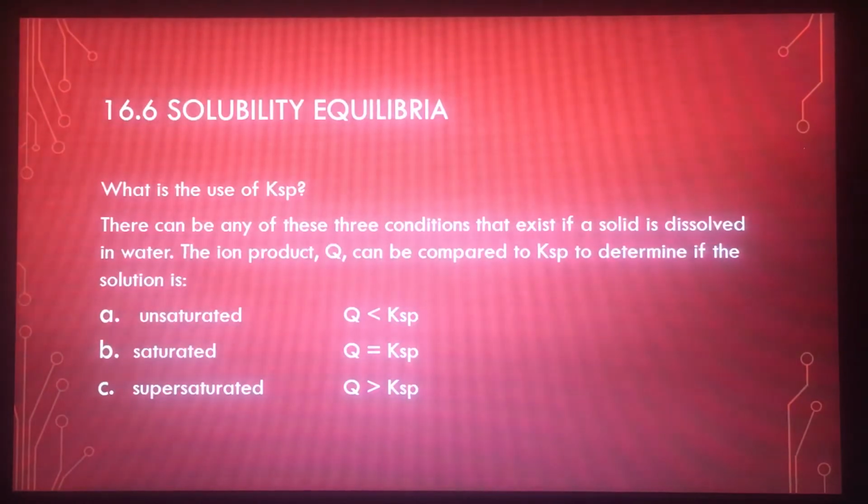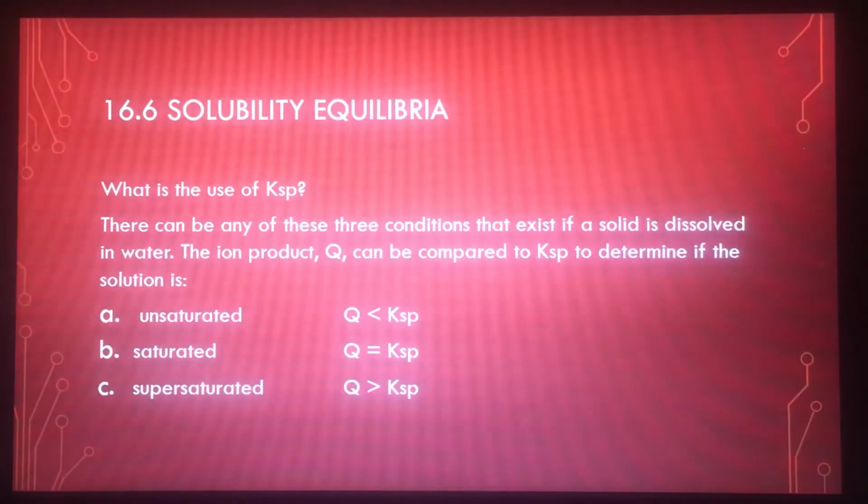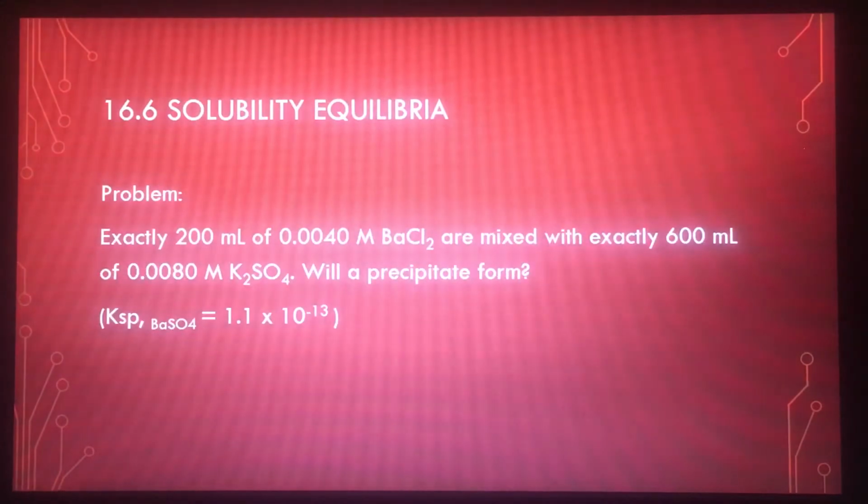Okay, so let's have a problem regarding this, determining if we have a supersaturated, unsaturated, or saturated solution. Exactly 200 ml of 0.0040 molar barium chloride are mixed with exactly 600 ml of 0.0080 molar potassium sulfate.